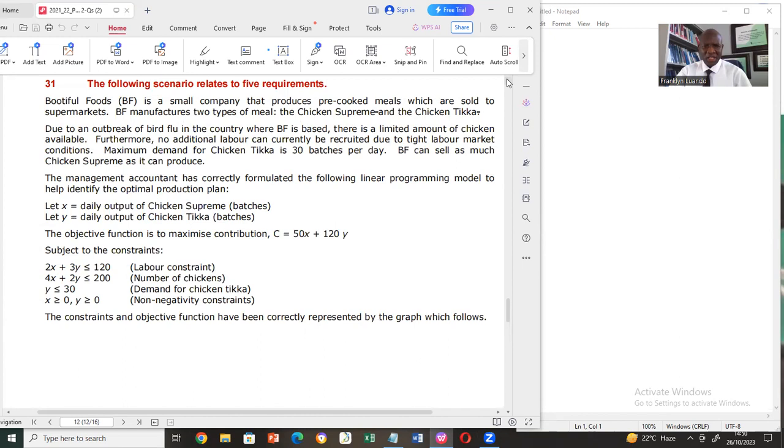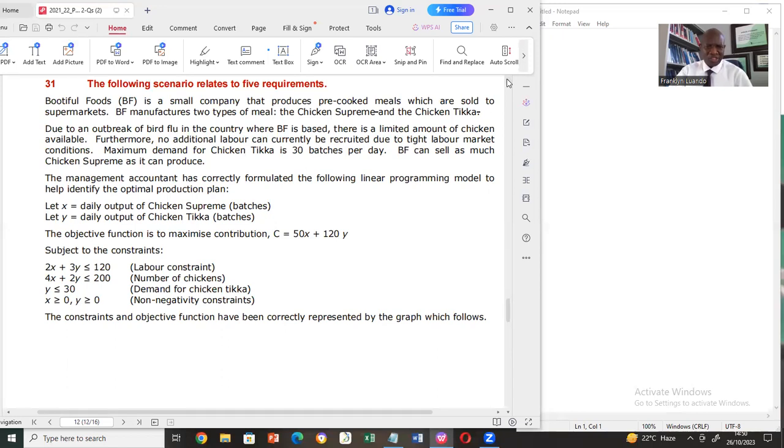BF manufactures two types of meals, the chicken supreme and the chicken tikka. Due to an outbreak of bird flu in the country where BF is based, there is a limited amount of chicken available. Furthermore, no additional labor can currently be recruited due to tight labor market conditions. Maximum demand for chicken tikka is 30 batches per day. BF can sell as much chicken supreme as it can produce.